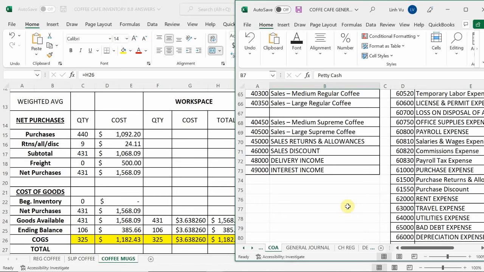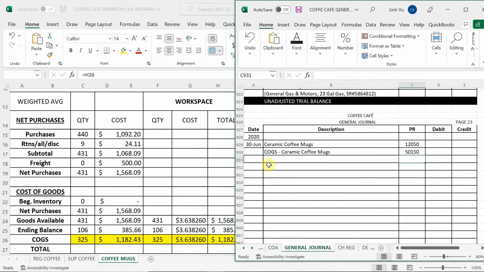Okay, what else did I incur? What happened along the way when I made my purchases? You had returns. You had some purchase returns, and you also had a purchase discount. So in this case, purchase returns at 61,500 and discount at 61,550. So that's exactly what we're gonna do.